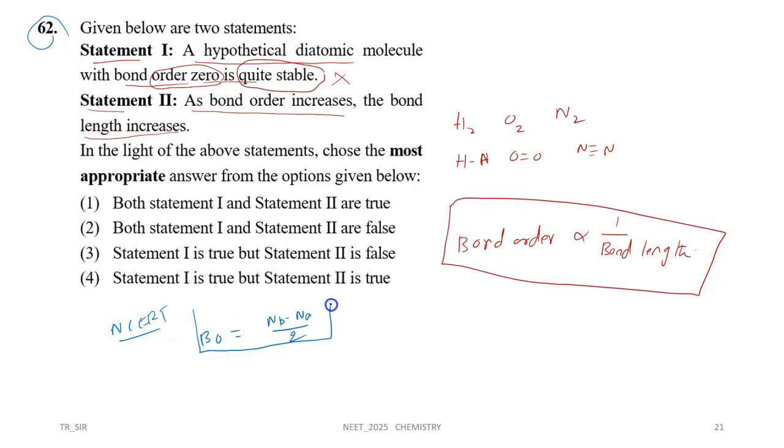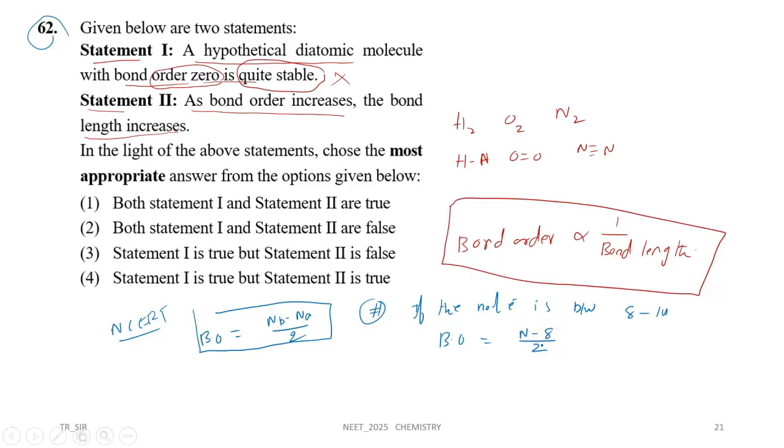There is one more formula you can use up to 20 electrons. If the number of electrons n is between 8 and 14, bond order is (n minus 8) by 2.